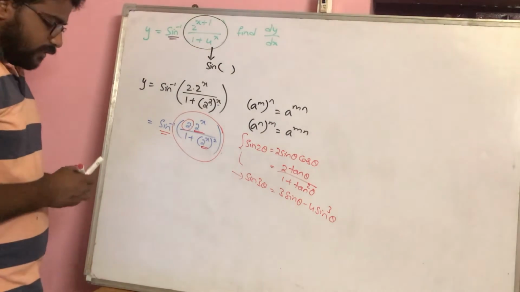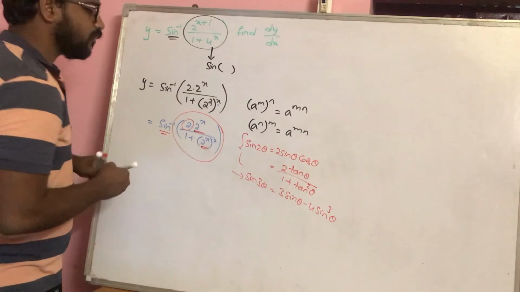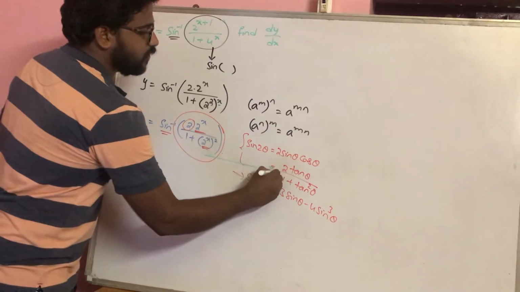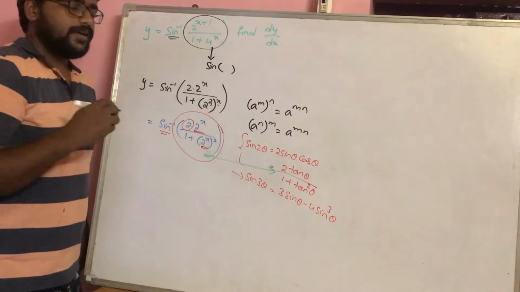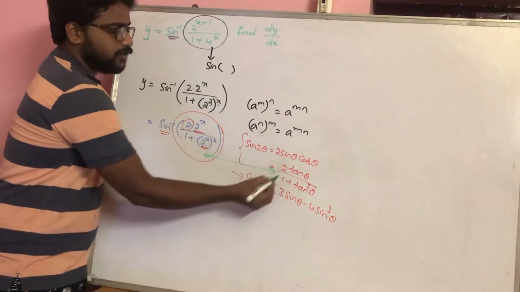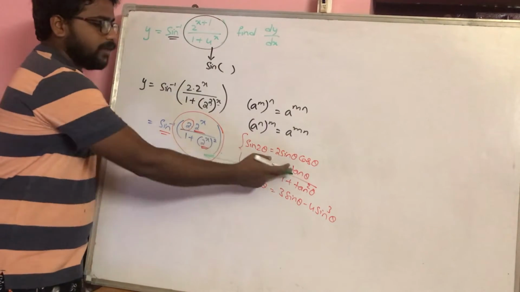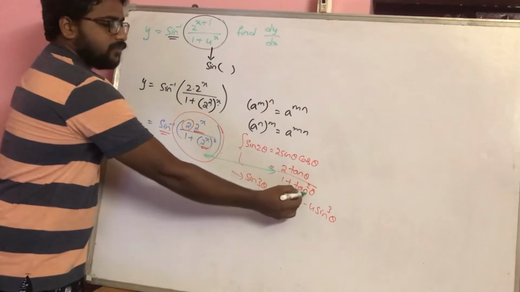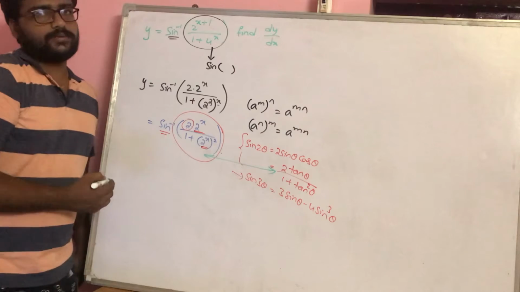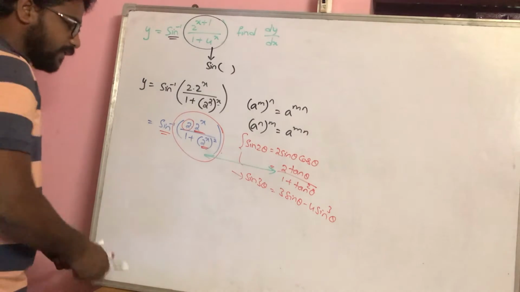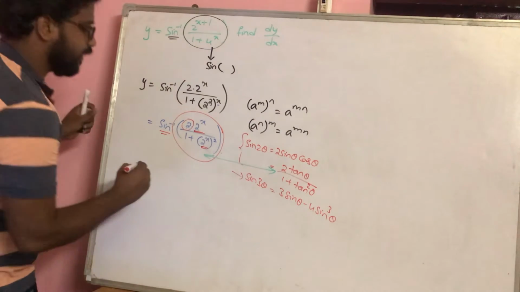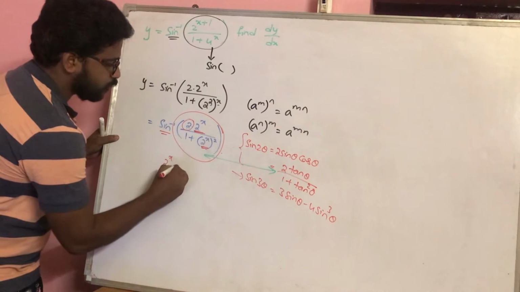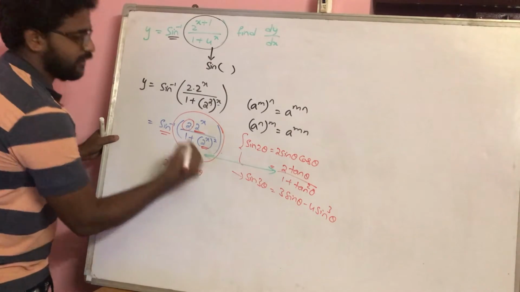It is very clear that the given formulation now resembles this formulation. You can observe here 2, and this is the 2. Instead of tan theta, you have 2 power x; in the denominator 1 plus, instead of tan square theta, I have 2 power x whole square. Which means it gives you one clear-cut idea that 2 power x has to be replaced with tan theta.